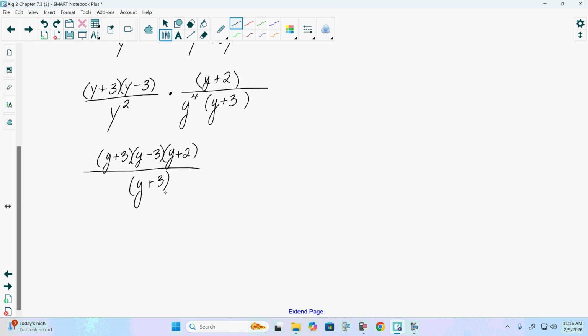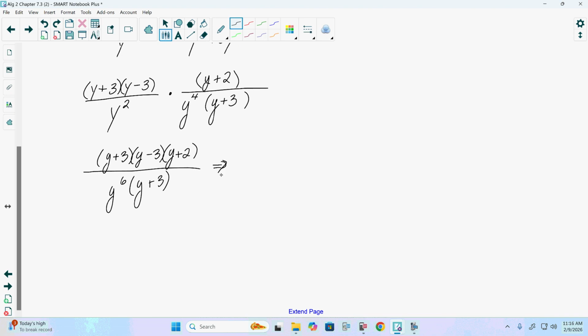Since the first one, y squared, is just by itself, we don't have anything added to it or subtracted from it, just y squared. Our y to the 4th is out front. It is by itself. There's nothing with it. So we will have to multiply those two together. In y to the 4th times y squared, we're multiplying like bases, so we're going to have to add the exponents, which will actually tell us it's y to the 6th.